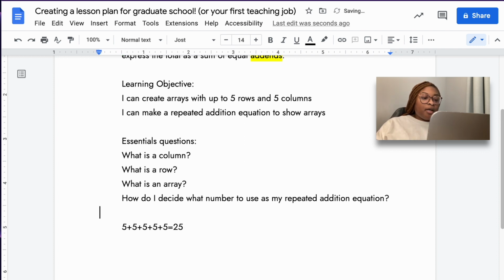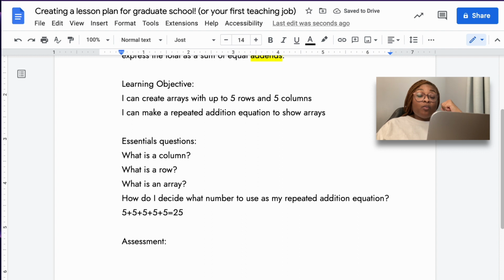So with that being said, I'm just going to put that there and think about the assessment. What type of assessment am I doing to make sure that my kiddos understand what I'm talking about by the end of the lesson? For math, I love a good exit ticket.